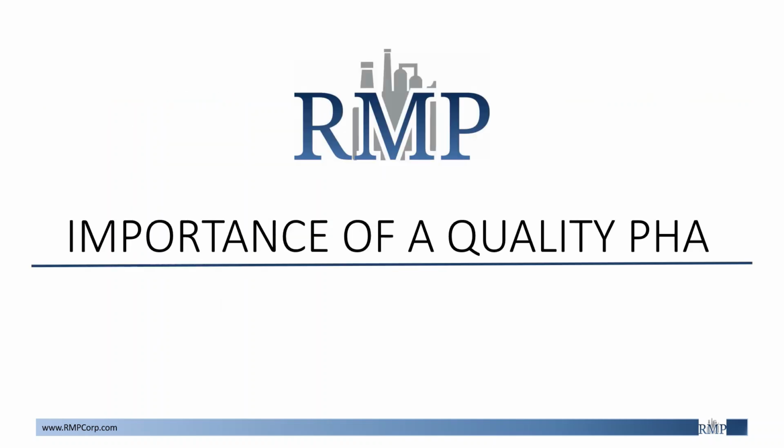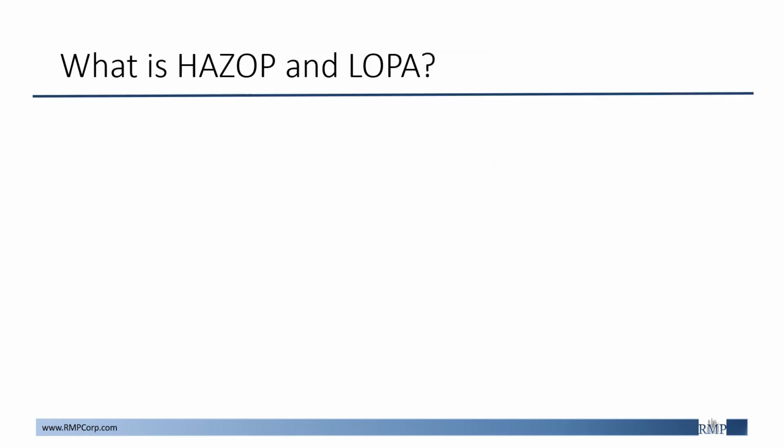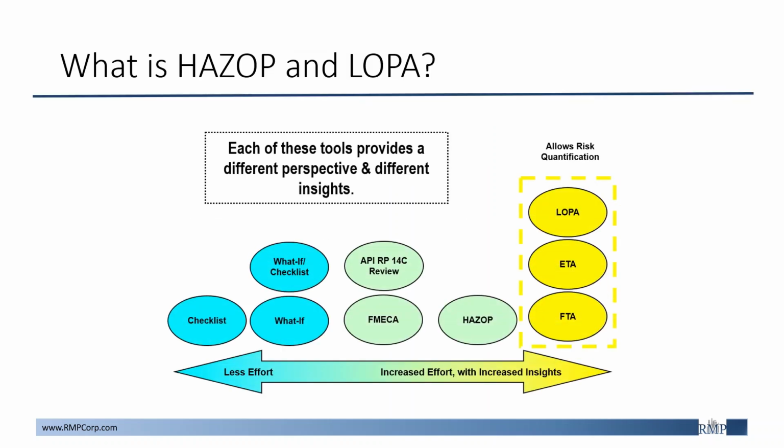Let's begin with the importance of a quality PHA. There are many tools to utilize for a PHA, such as what if and checklists. However, the team-oriented brainstorming sessions associated with HAZOP studies are typically considered the driving force of the industry. A Hazards and Operability, aka HAZOP study, is a structured and systematic technique for system examination and risk management.